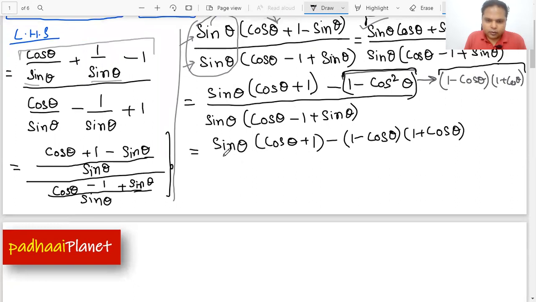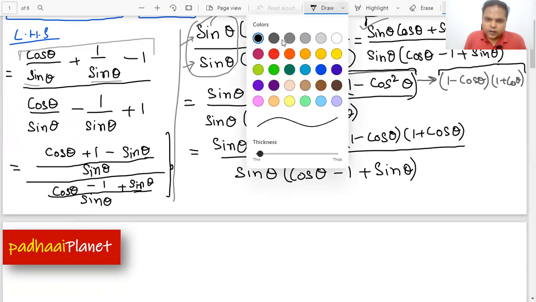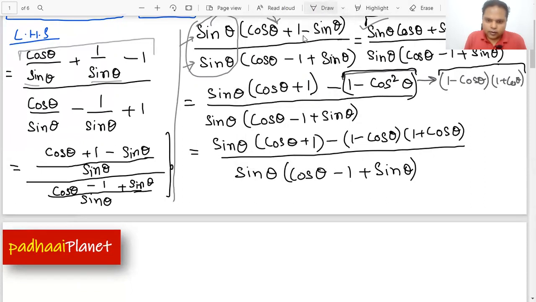Now, at the bottom, we have the same thing, which is sine theta, cos theta minus 1 plus sine theta, right? From the numerator, the top part, we are going to take something common, and the common is cos theta plus 1. This is common in both the terms, correct?